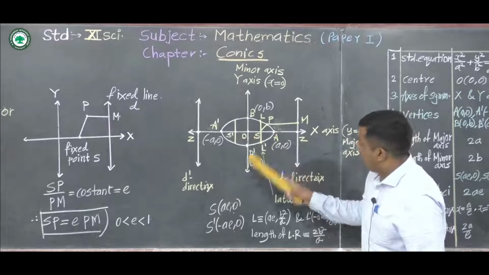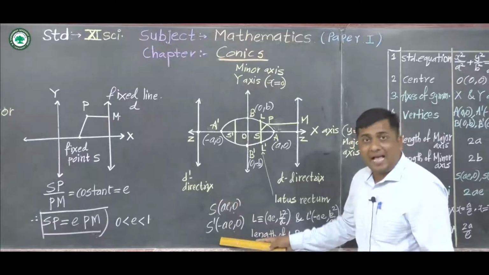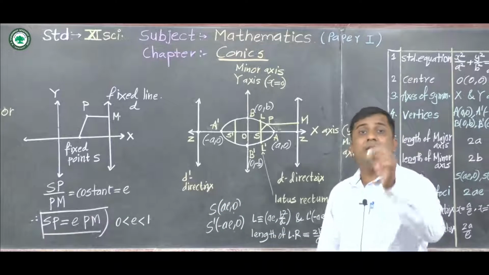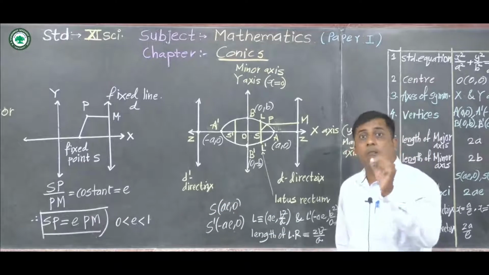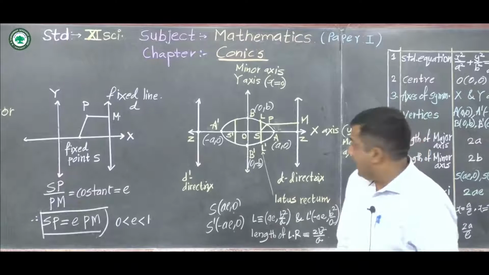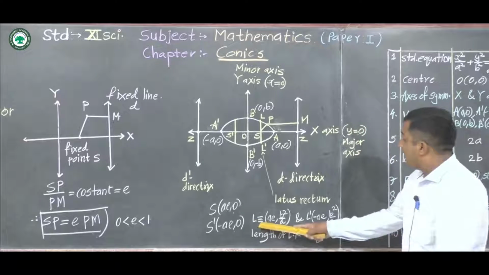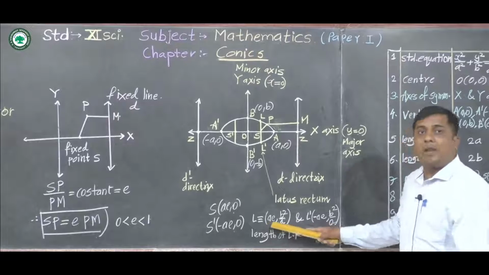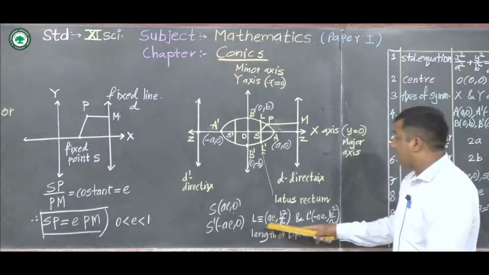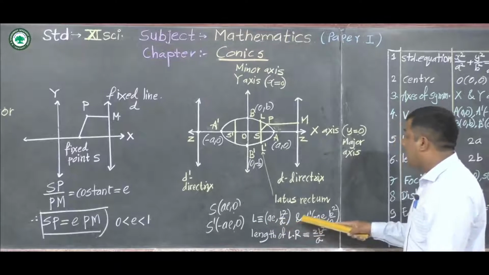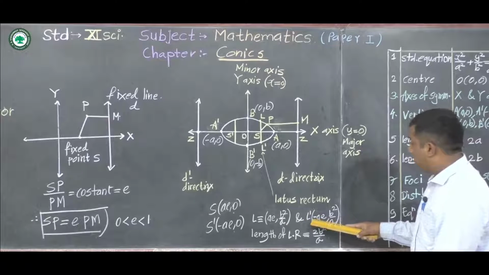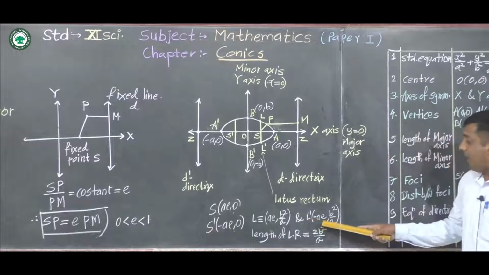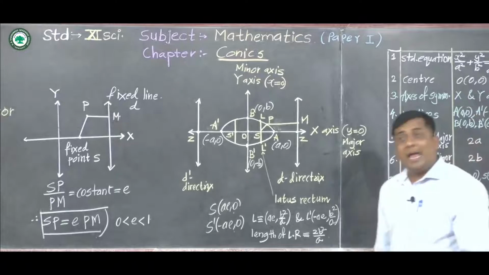So these are the coordinates of S and S dash, that is, the coordinates of the focus, the fixed point. Then remember the coordinates of the endpoints of the latus rectum: L is (ae, b squared upon a), and L dash has (ae, minus b squared upon a).